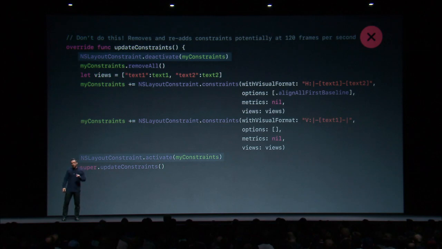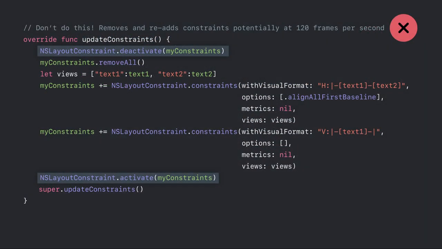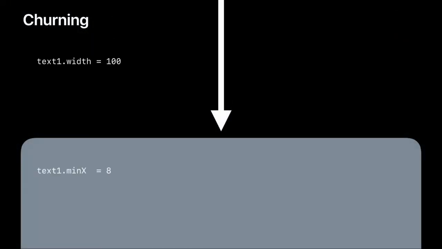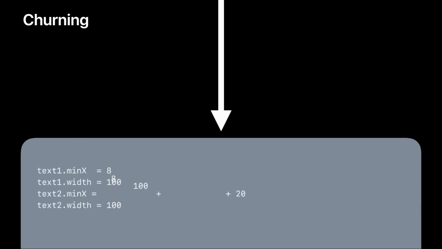If you can try to internalize that and get a feel for it, you're going to have a much, much better feel for performance expectations around this stuff. In fact, let's see how that's going right now. Because now, when we look at this method we were looking at, where we're deactivating constraints and reactivating constraints, think about what we just did, and think about what the engine's going to be doing. It's going to look like this, which we call churning.